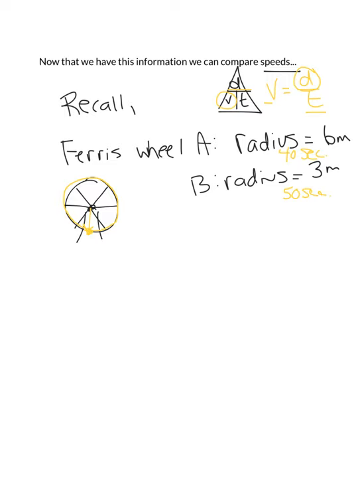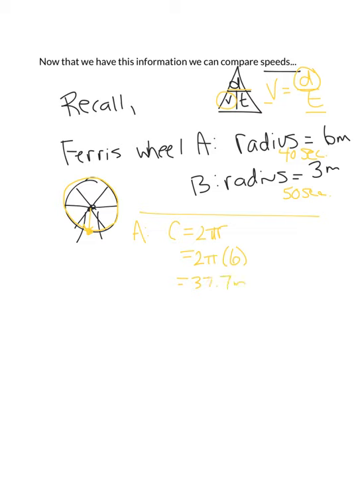I'm going to be dealing with strictly Ferris wheel A right now. The circumference formula is 2 pi r. So we have 2 times pi times my radius, which was 6 meters. If I put that all into my calculator, 2 times 3.14 times 6, I'm going to get 37.7 meters.